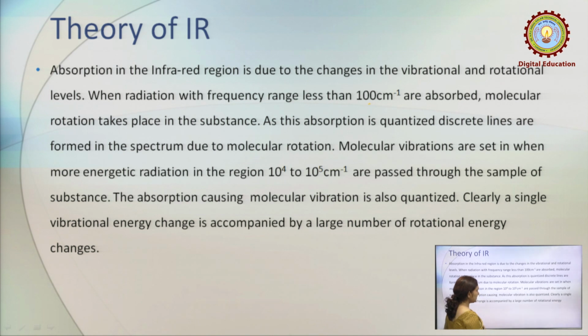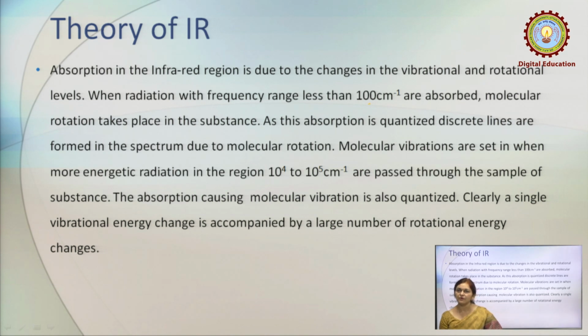But molecular vibrations are set in when more energetic radiation in the range of 10 to the power 4 to 10 to the power 5 per centimeter is passed through the sample of the substance. The absorption causing molecular vibration is also quantized.